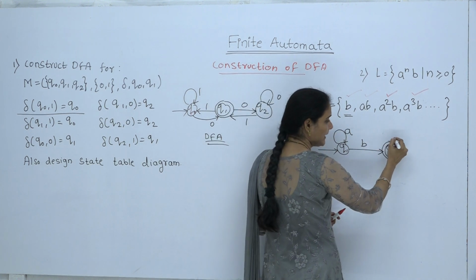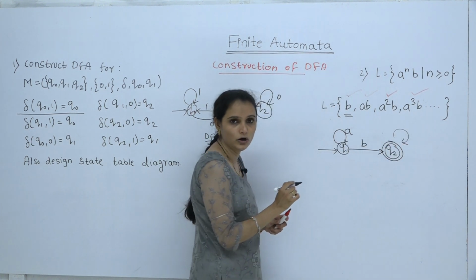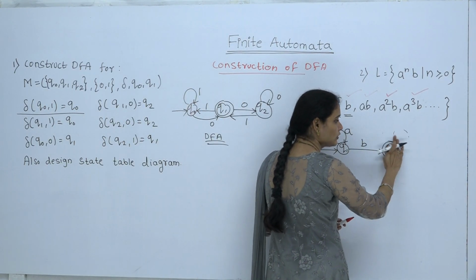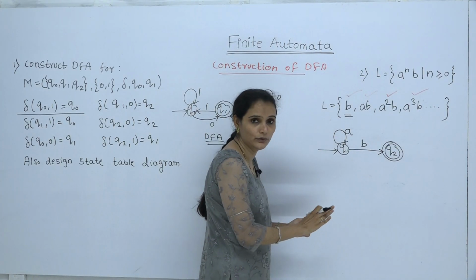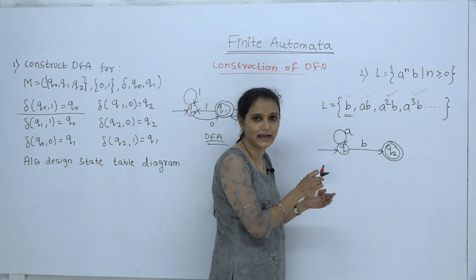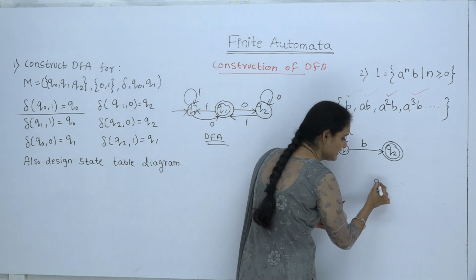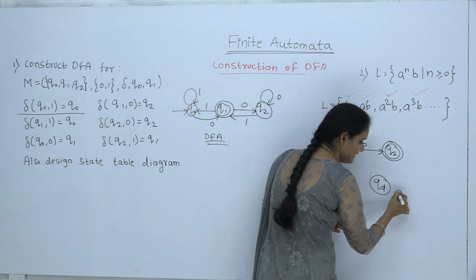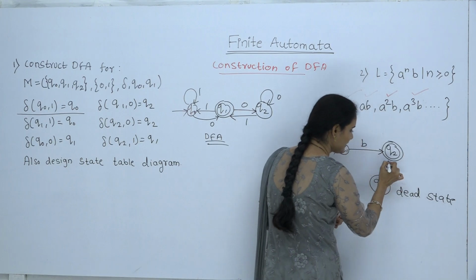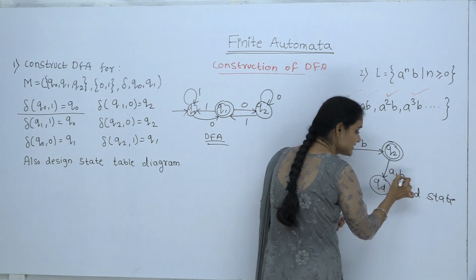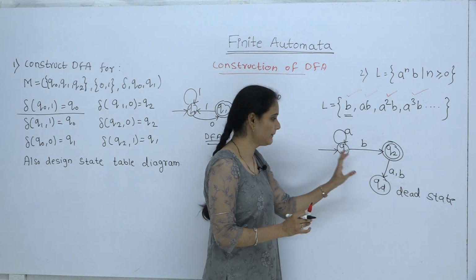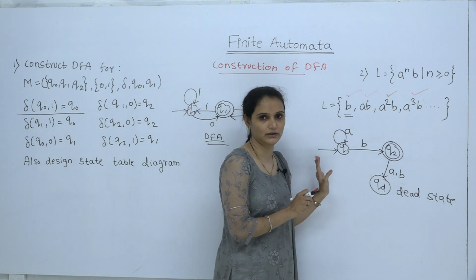Again, here if I provide the loop, then also the language meaning will be changed. Therefore, in that particular case only, if I can't give the input alphabet to the states present in that diagram, then only we consider the dead state. Give the remaining transitions to the dead state if the transitions are not applicable to the states in that diagram.